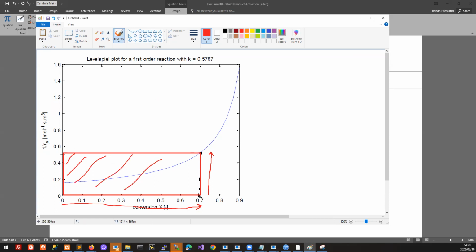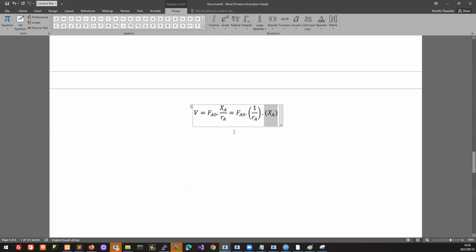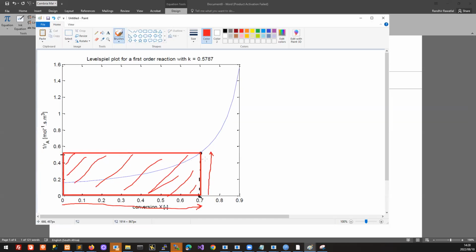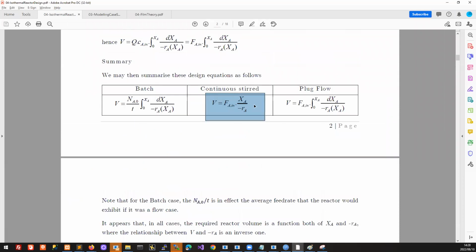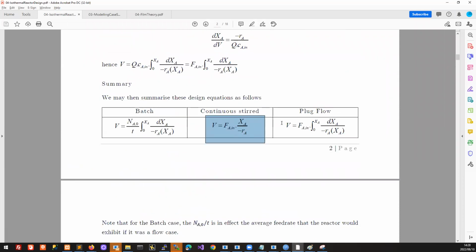Do you agree? Okay, so the volume that I need for my CSTR is proportional to the area in this box here.